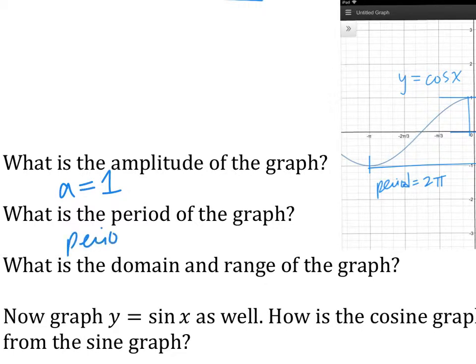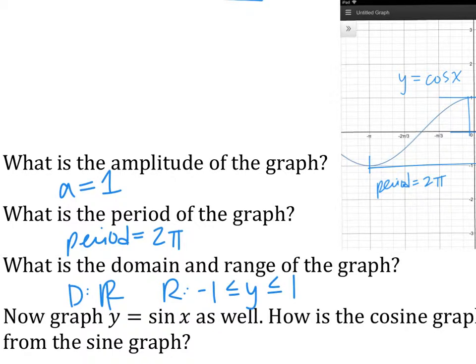Period is 2 pi. Domain is all real numbers, and then range is -1 to 1. And we want to include -1 and 1 with the equal sign, less than or equal to, because it does touch -1 and it does touch 1.